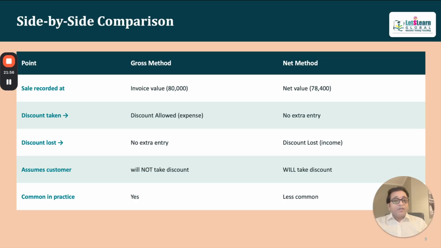Discount lost: no entry in the gross method, easy. But in the net method we need to reverse the discount which was allowed. The gross method assumes the customer will not take the discount, but in the net method we are sure that the customer will definitely take the discount. Very common in practice is the gross method, very rare is the net method. We don't encourage the net method.